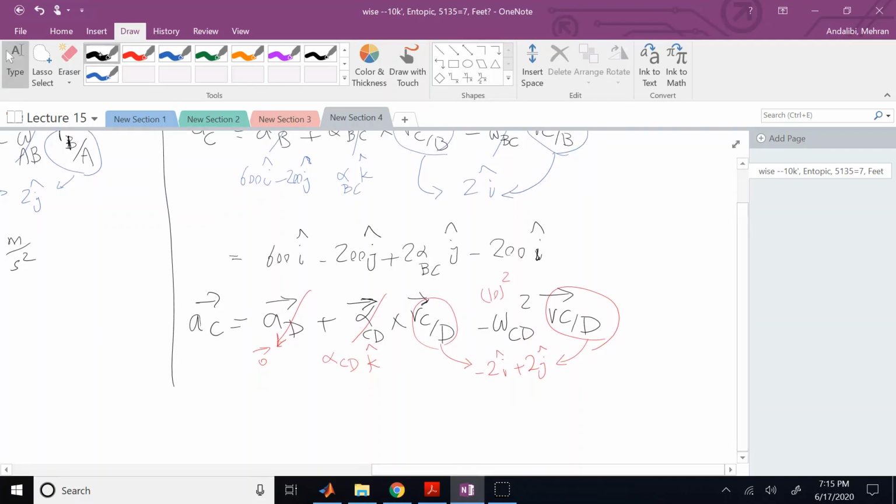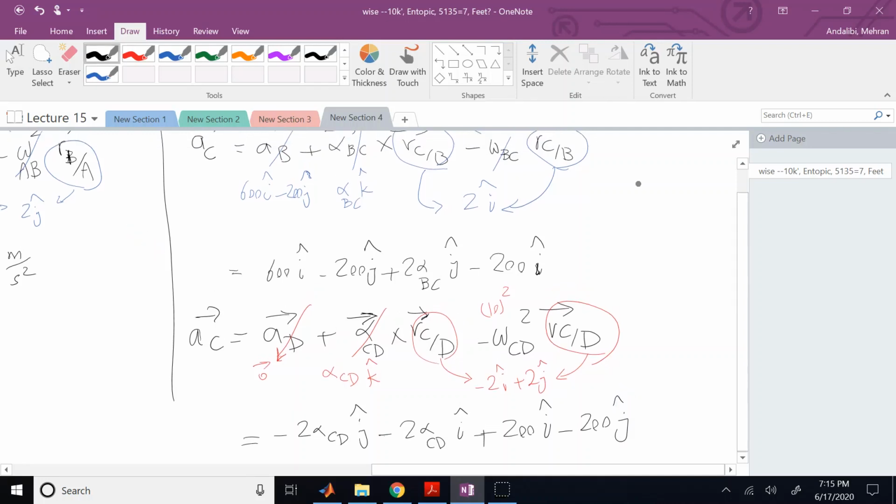So if you carry out the cross product, K cross I is J, but you have a negative here, so it's going to be negative 2 alpha CD J. Then you have K cross J, which is negative I, so you're going to get negative 2 alpha CD I. And then minus 100 times this, so this is going to be positive 200I and minus 200J.